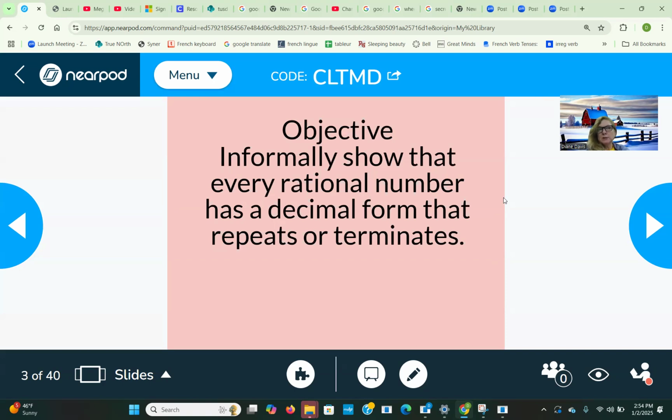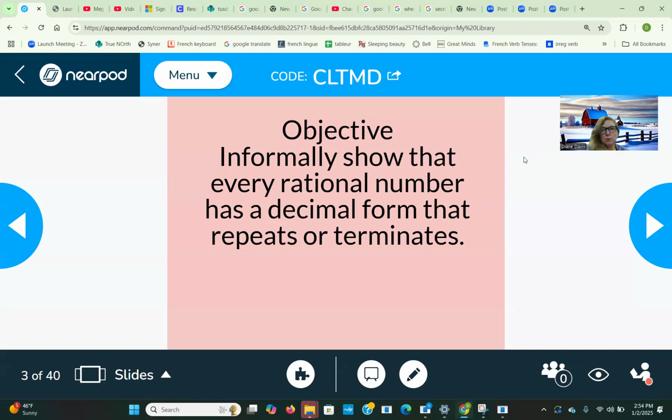Remember, rational numbers are decimals that end or are terminating. That's what terminating is. It has a decimal form that repeats or terminates. The irrational numbers are the non-repeating, non-terminating ones.